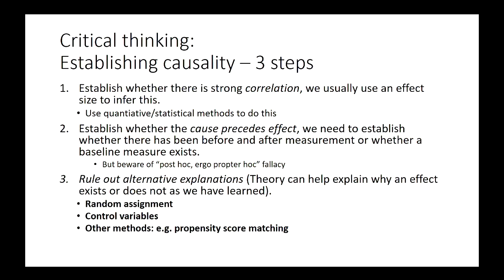As we saw, how do you do that? Try and do an experiment where you can randomly assign people to two groups. You could do that in the lab, or you could do that in the field. In some cases, it might be possible to give certain organizations or individuals one treatment, and another set of organizations and individuals another type of treatment.